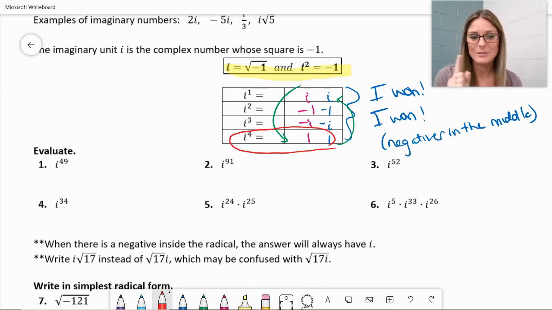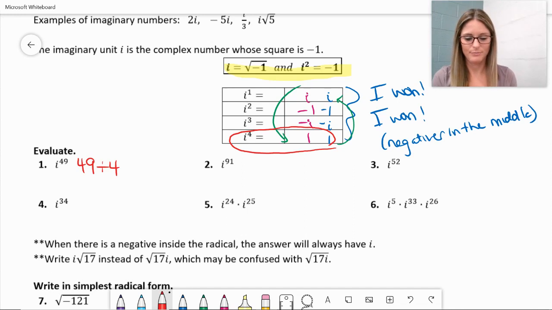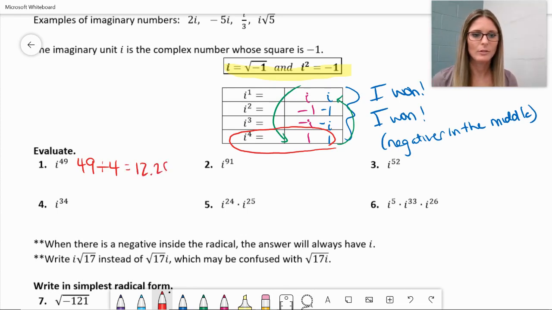For number 1, i to the 49th, we are going to take 49 and divide it by 4 because I want to see how many times the i power is going to go through this loop of 4 answers total. Grabbing my calculator, 49 divided by 4 gave me 12.25, which is also 12 and 1/4.